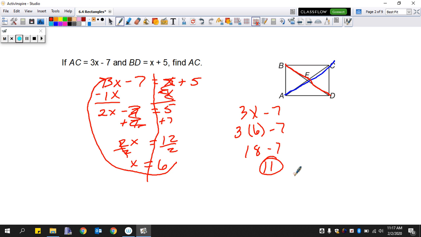And if we wanted to verify that they are congruent, we could plug it into BD as well. So here we have 6 plus 5, which is also equal to 11.